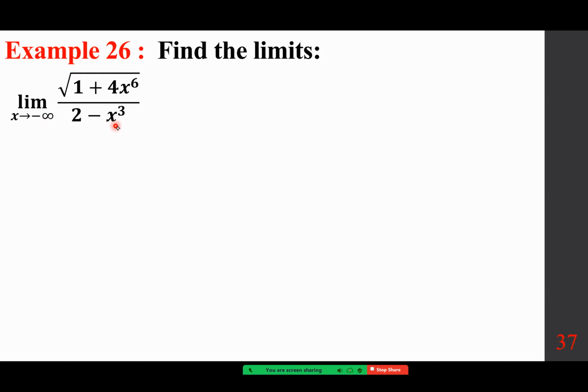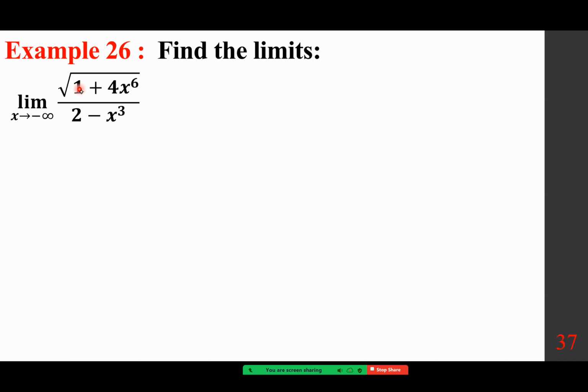So we can use the same technique in the following manner. We notice that the highest degree, this is, by the way, 4x to the power of 6 plus 1, or 1 plus 4x to the power of 6, makes no difference. We can factor out x to the power of 6 in this method. If I take x to the power of 6, obviously this gives me 4, but what does this one give me? 1 over x to the power of 6.